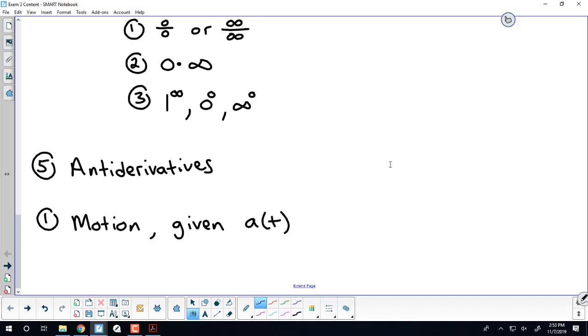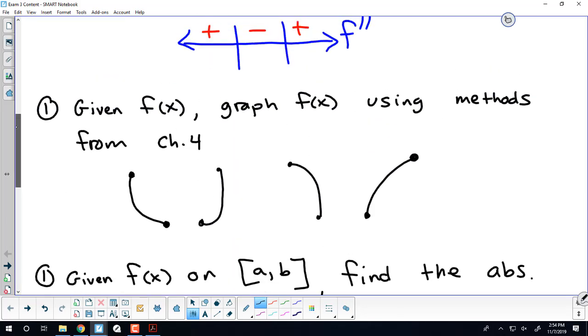I just have one quick question. For the graph using methods from chapter 4, is end behavior one of those checklist items? Could be, yeah. Not only just stuff that appears in chapter 4, but anything from chapter 3 with limits, vertical asymptotes, horizontal asymptotes is still fair game.